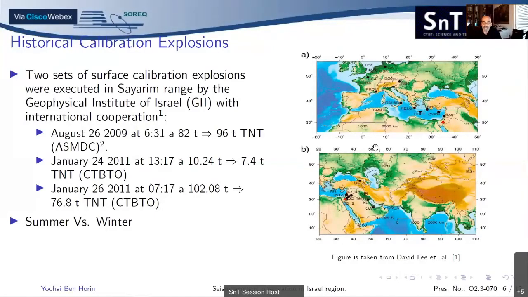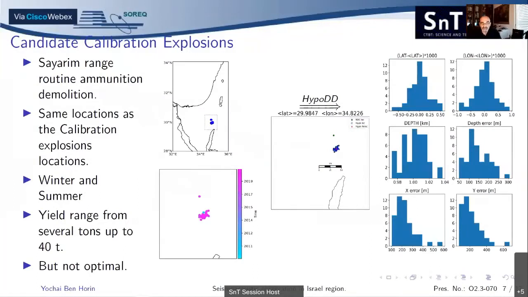Why is it so important? Because what we learned is that Seismic Range is performing every year, several times, routine ammunition demolition. It carries it out at the same place, at the same location as the calibration explosions. It carries it out several times in the winter and the summer, and the yield ranges from several tons up to 40 tons.